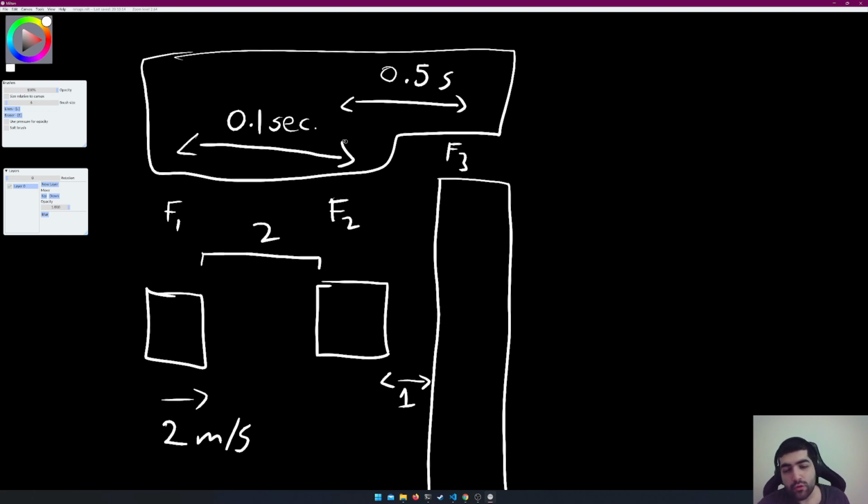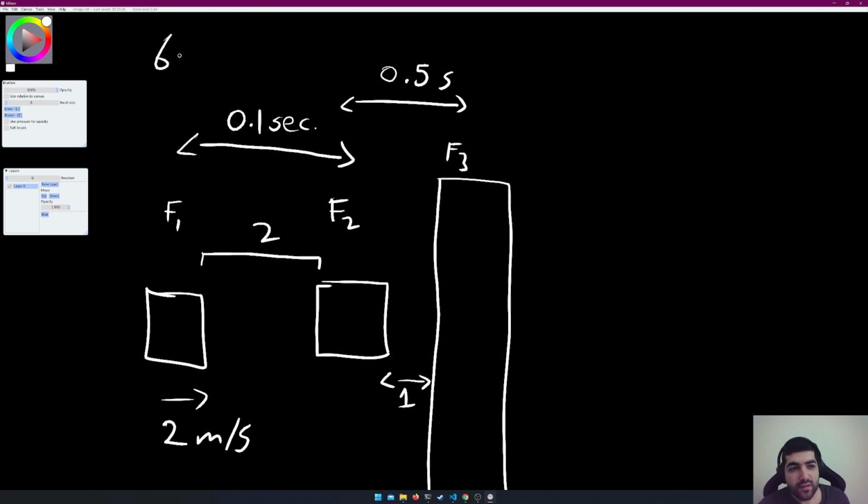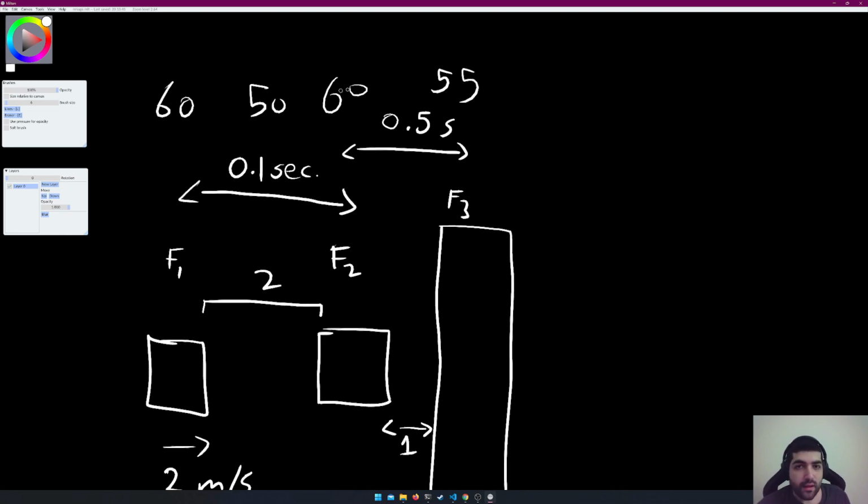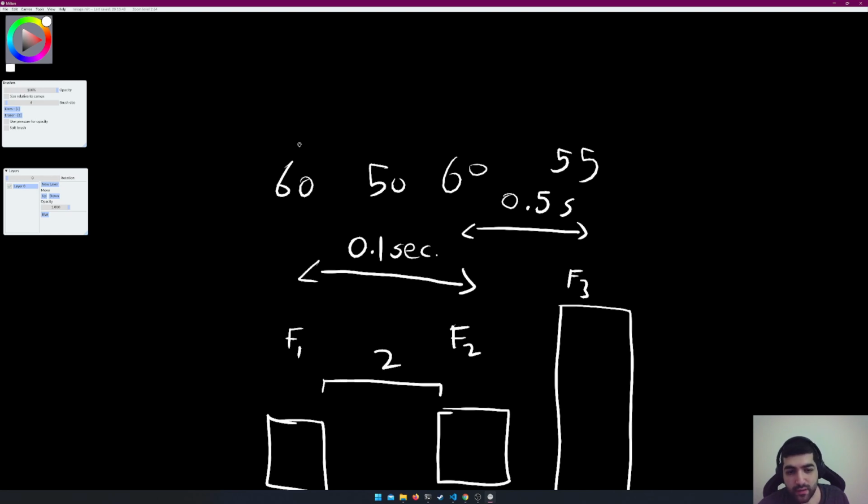If you play a game, you're going to see your frame rate at maybe 60 frames, then it's going to drop to like 50, then maybe 60 again, and then it might drop to 55, and so on. While all that happens, the physics in the game doesn't change. The way the game behaves doesn't change, and that's because the frame times are being accounted for. At 60 frames per second, the time between frame 1 and frame 2 is around 16 milliseconds.